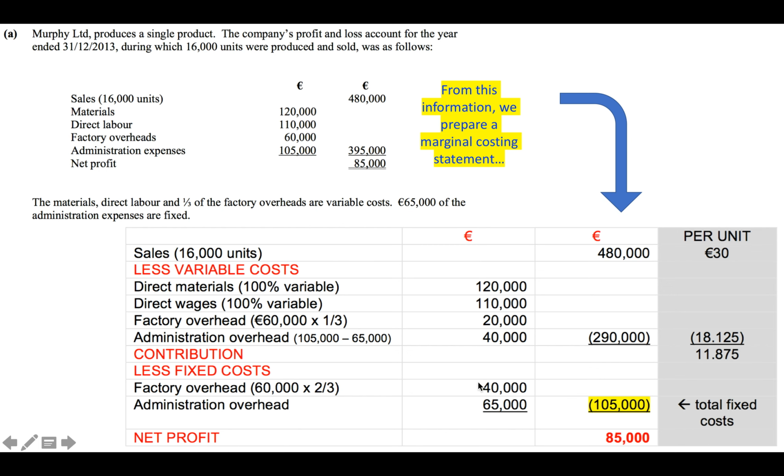Now, under fixed costs, we add the fixed costs together, and that's 105,000, your total fixed costs. When we take that away from the 190,000 contribution, that is equal to 85,000 euro profit.